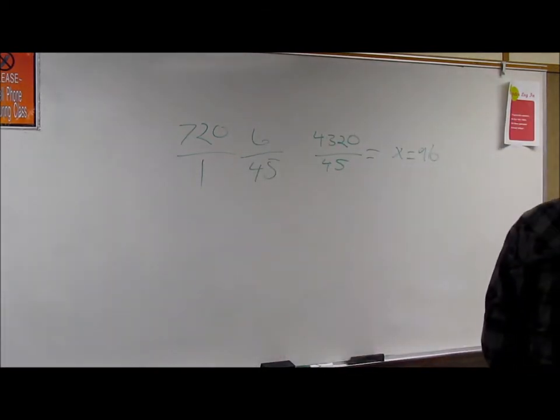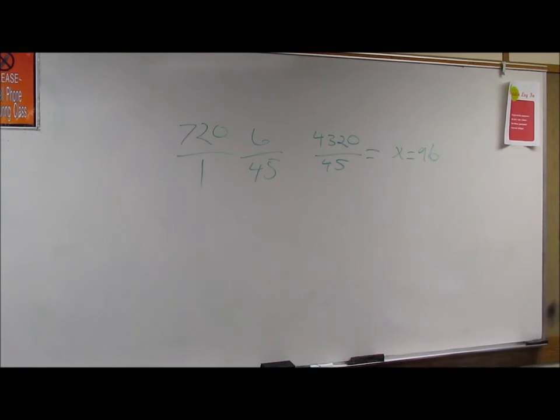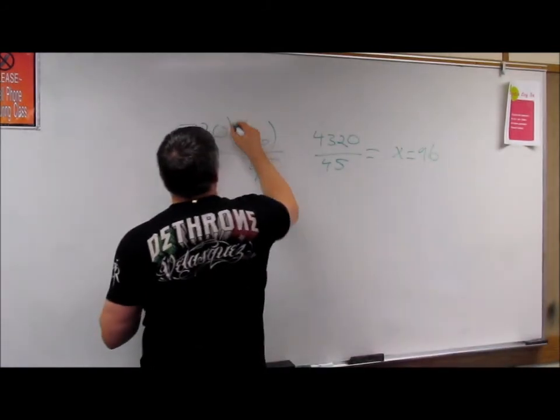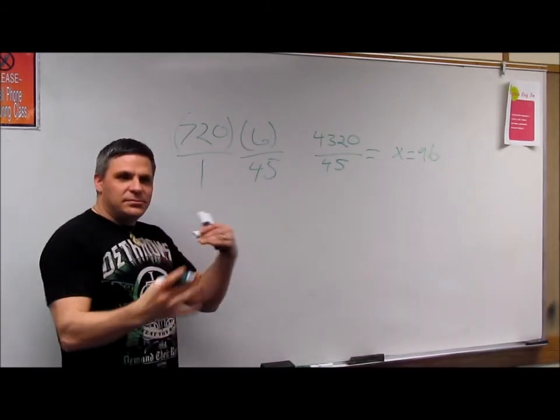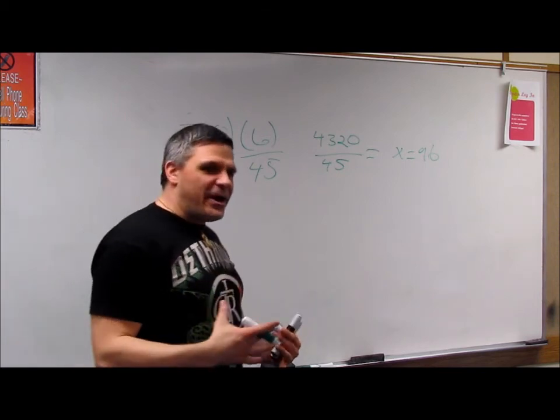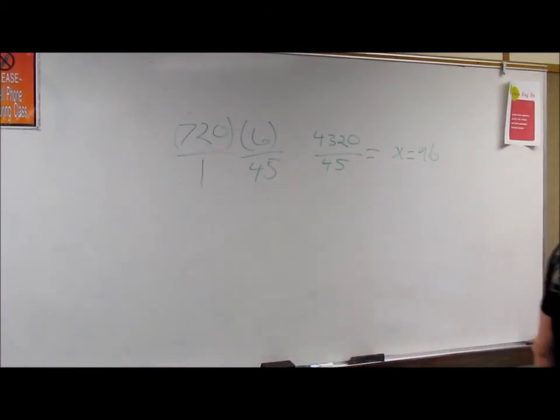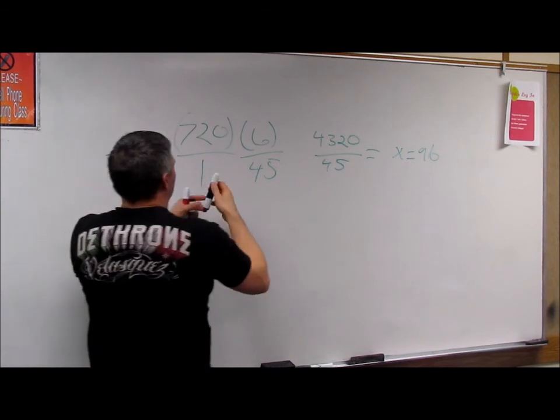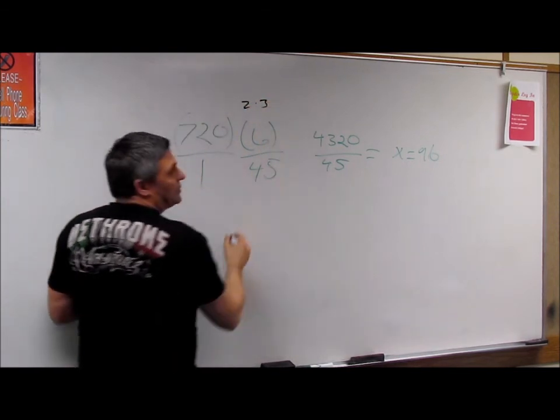Except I broke down 45. I didn't put the two together. I kept these apart and broke those down. Remember our prime factorization? Instead of prime factorizing it into all its primes on top, all its primes on bottom, and just canceling, I just did that.